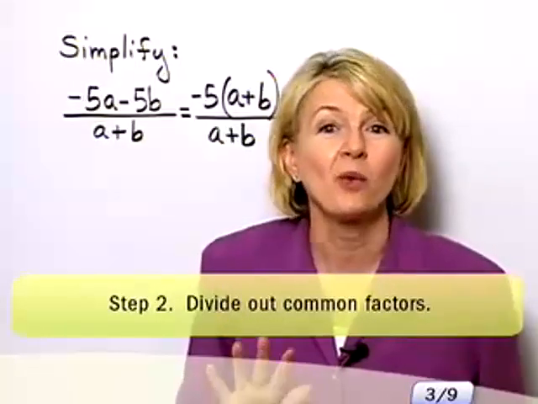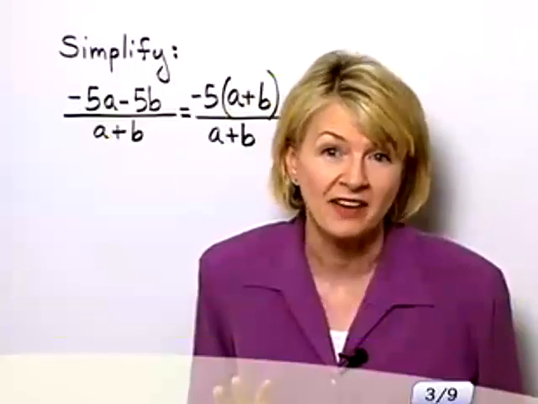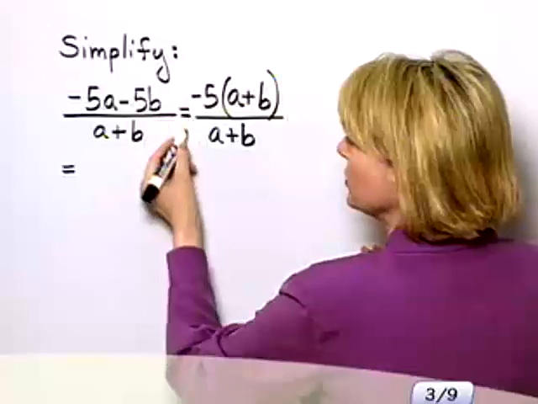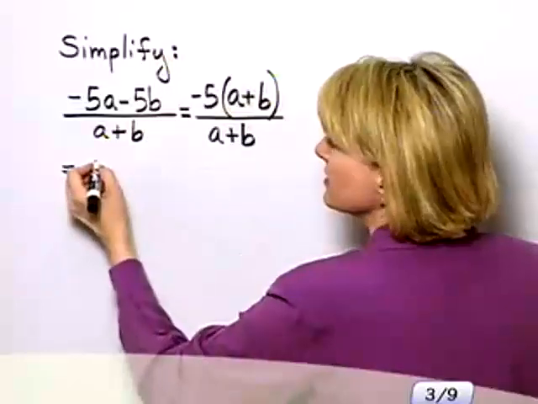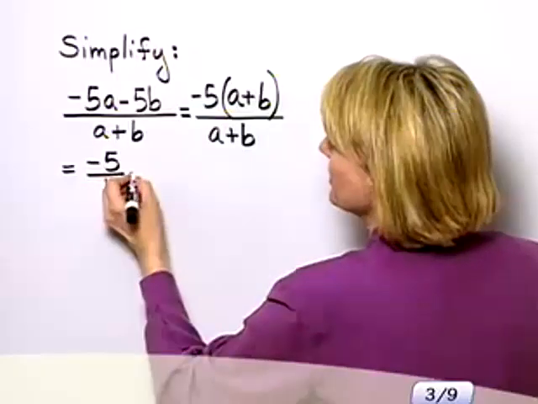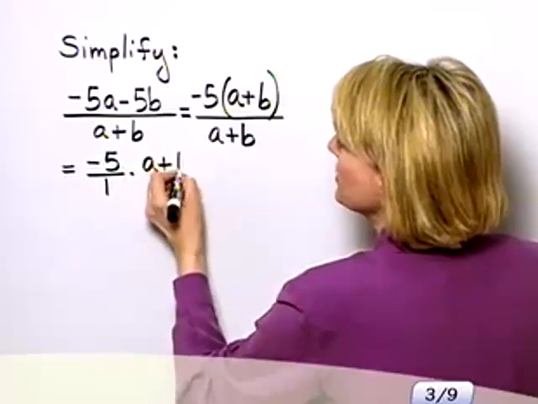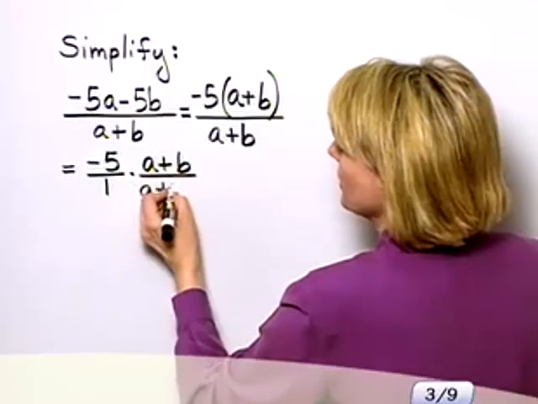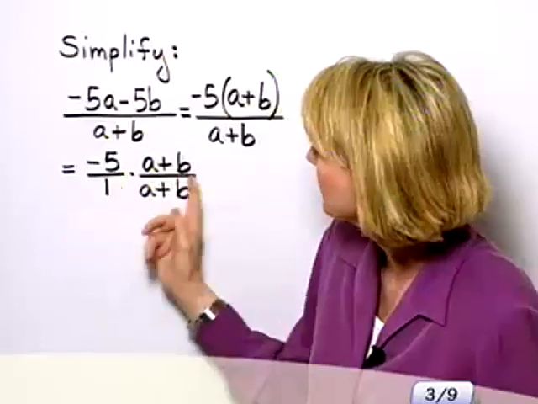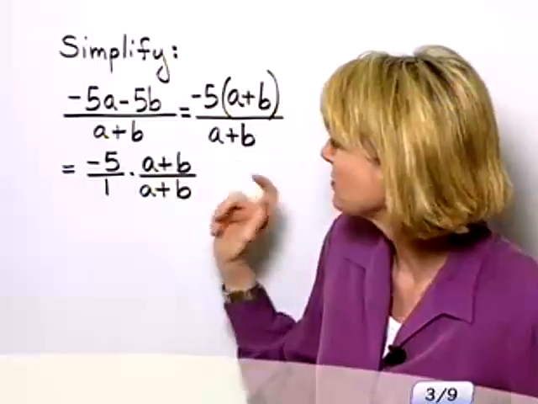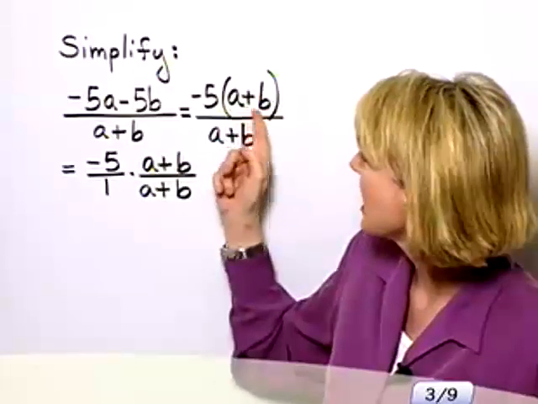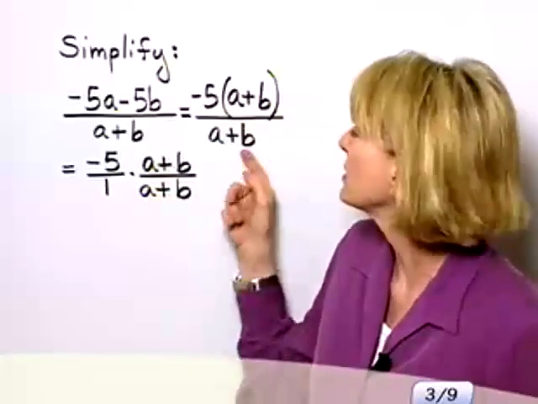Now let's talk about what we mean by removing a factor of 1. What it means is this. Can you agree that I can write this as, say, -5 over 1 times a plus b over a plus b? Parentheses if you want, but since I've separated it, I don't need the parentheses around the a plus b any longer. In other words, this times that numerator is that, and that times that denominator is that.